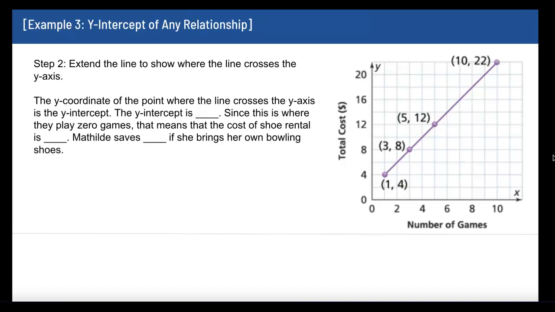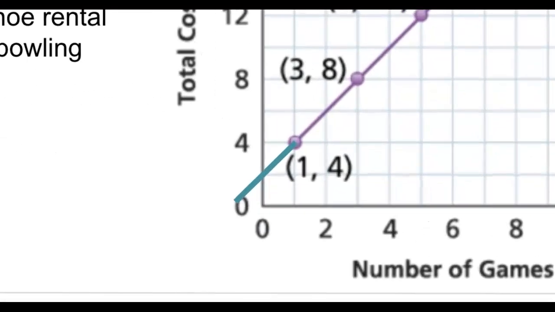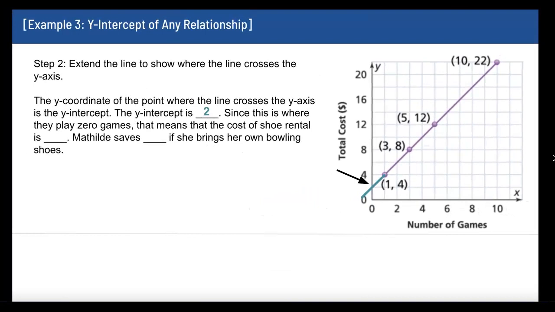So we can extend our line, and because one game is $4, if we take off that one game, or $2, we can see, and it makes sense with where it's crossing, that the y-intercept here is 2. Since this is where they play 0 games, that starting point is the cost of the shoe rental. So the cost of the shoe rental is $2. This means that Matilda saves $2 if she brings her own bowling shoes.